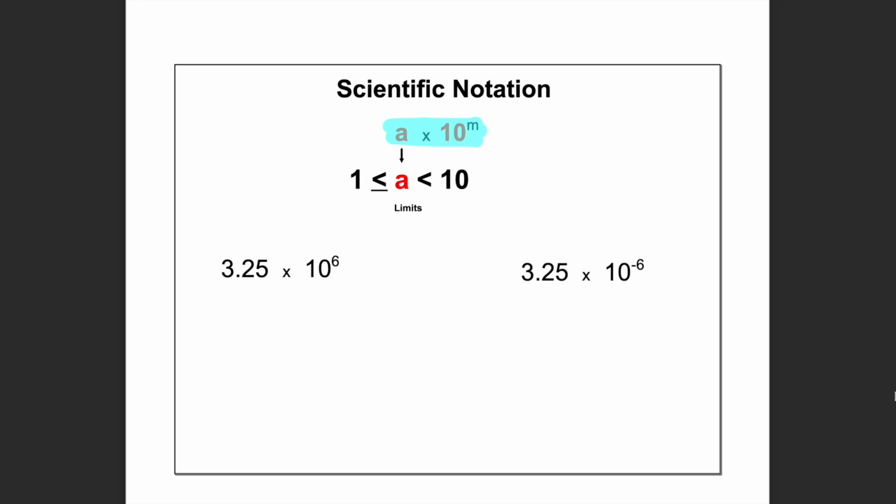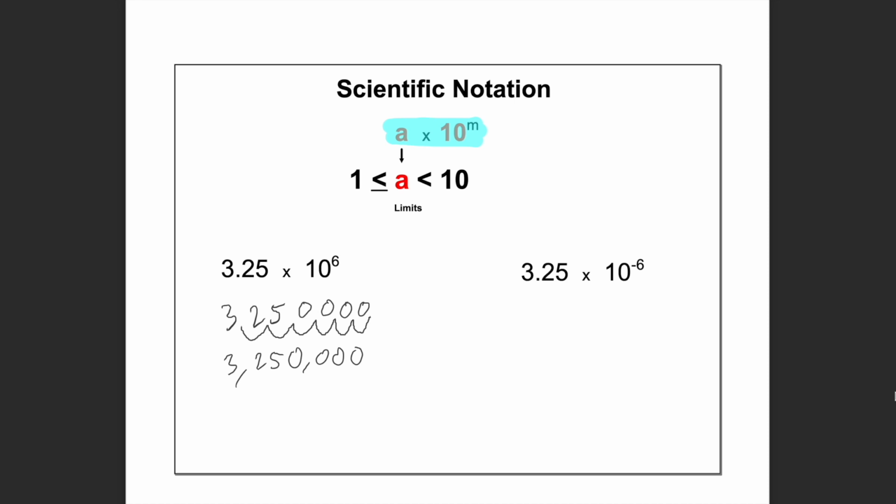What that means is we take the 3.25 and we move the decimal point 6 times to the right. So 1, 2, 3, 4, 5, 6. And so we have zeros in all of these slots. So 3.25 times 10 to the 6th is the same thing as saying 3,250,000.